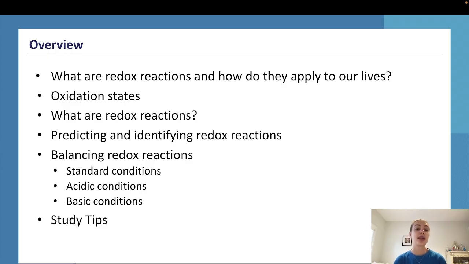And so that will be considering that under standard conditions, which is just your standard pH of around 7. Then we'll consider the acidic conditions, and there's also some basic conditions which are a little bit less of a concern. You don't really need to worry about those too much.